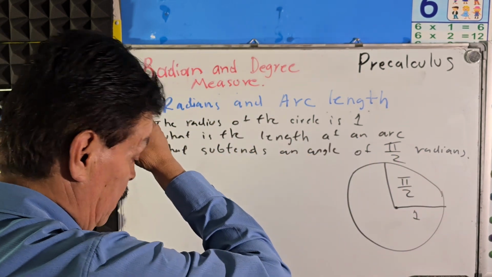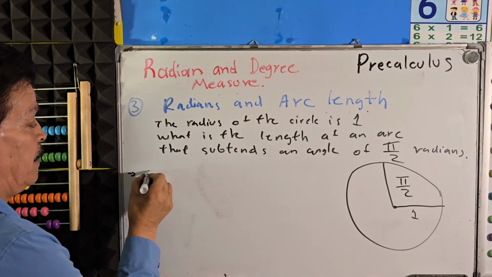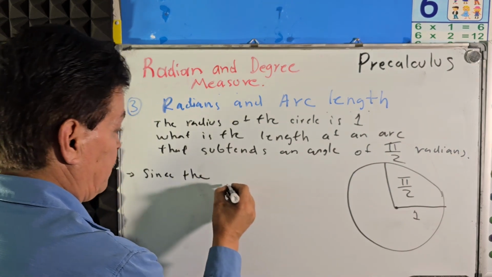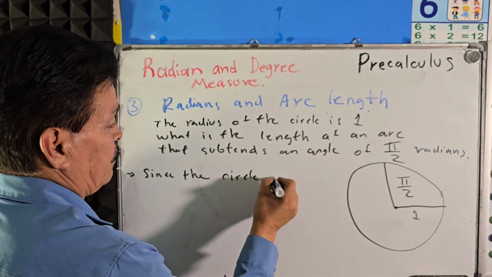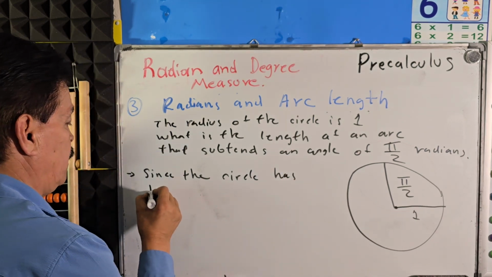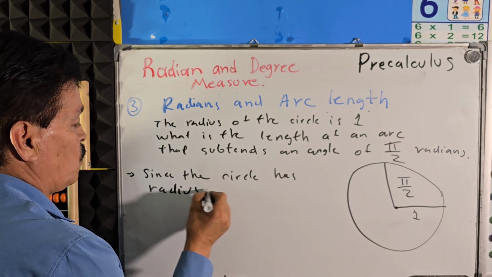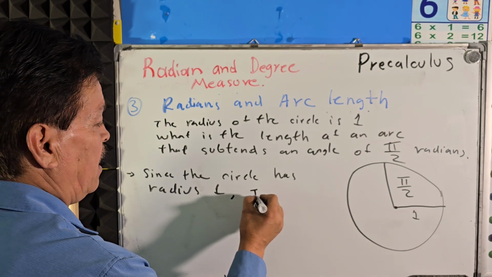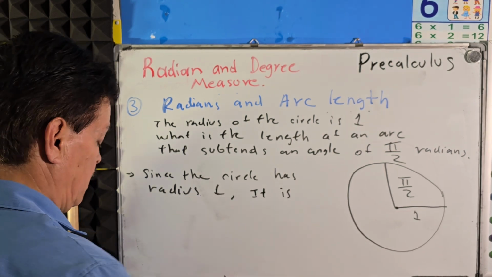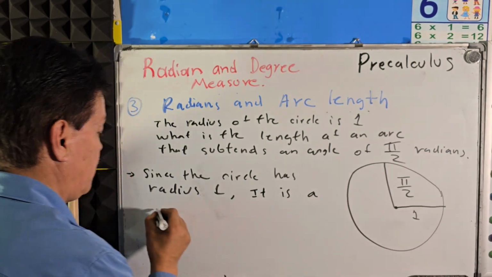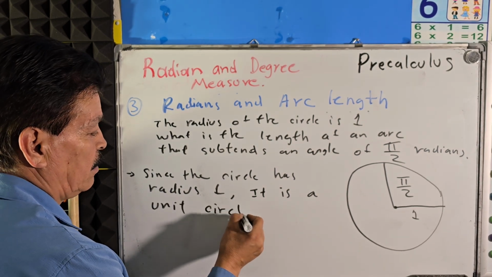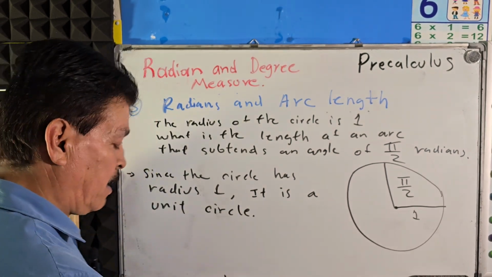Since the circle has a radius of 1, it is a unit circle. Remember the concept.